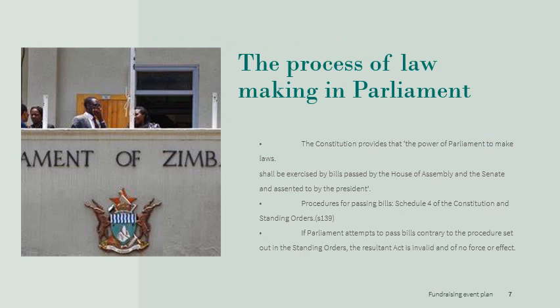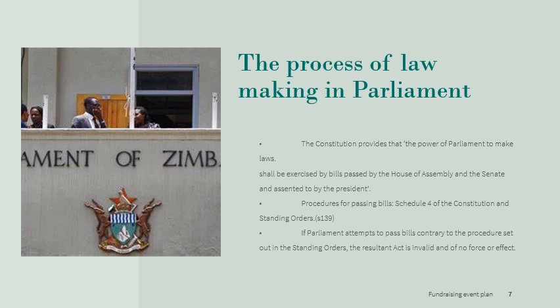Now, the actual lawmaking process in Zimbabwe. The Constitution provides that the power of the Parliament to make laws shall be exercised by passing bills in the House of Assembly, in the Senate, and assented to by the President.